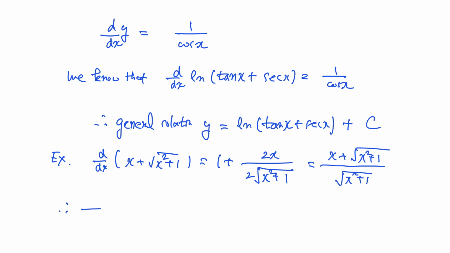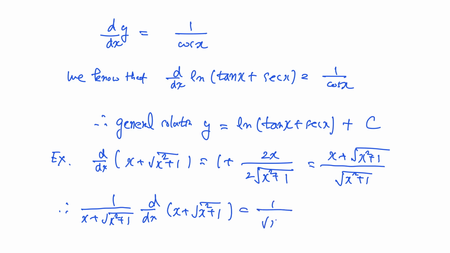Therefore, 1 over x plus square root of x squared plus 1 times d/dx of x plus square root of x squared plus 1 is 1 over square root of x squared plus 1, which is d/dx of ln of x plus square root of x squared plus 1.